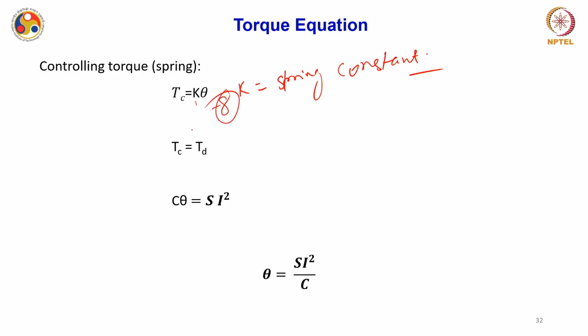Equation 7 and equation 8 can be equated under steady state condition, and in that case K theta is equal to S I square, and theta is equal to S I square by K, or theta is proportional to I square, or the deflection is directly proportional to the square of the current. So irrespective of what direction your current is flowing, you will have a deflection.